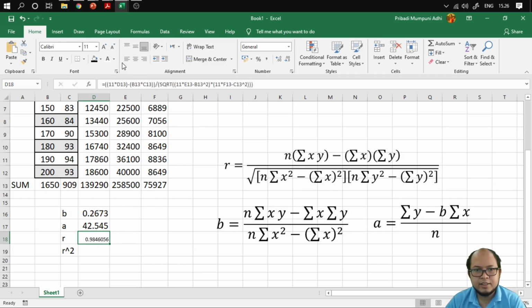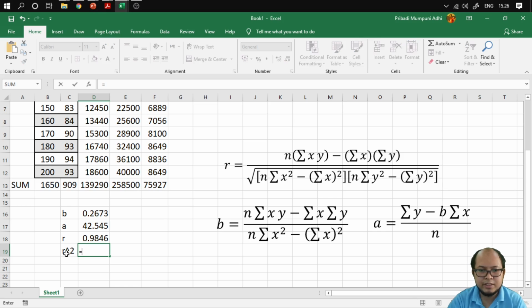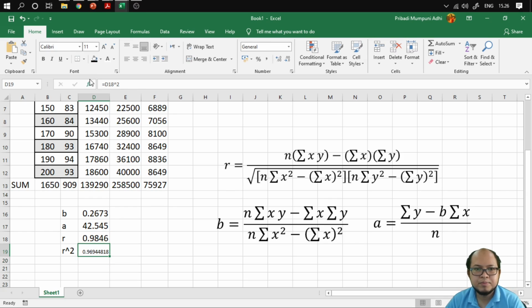Okay, this is the result. And for the r square, or the coefficient of determination, we just multiply this one with itself, the square. We have this one.